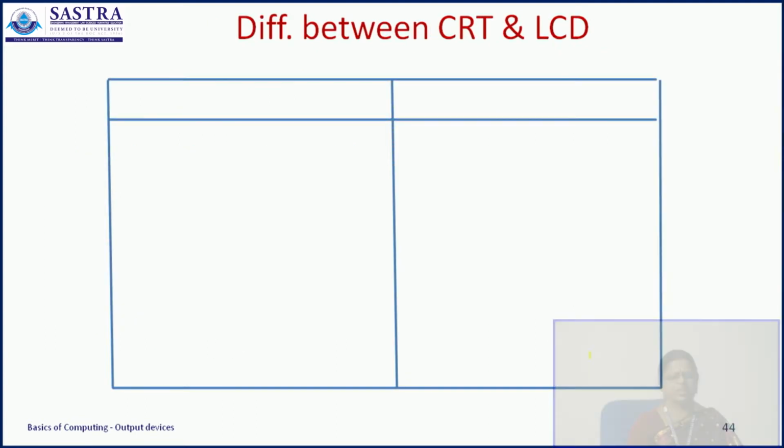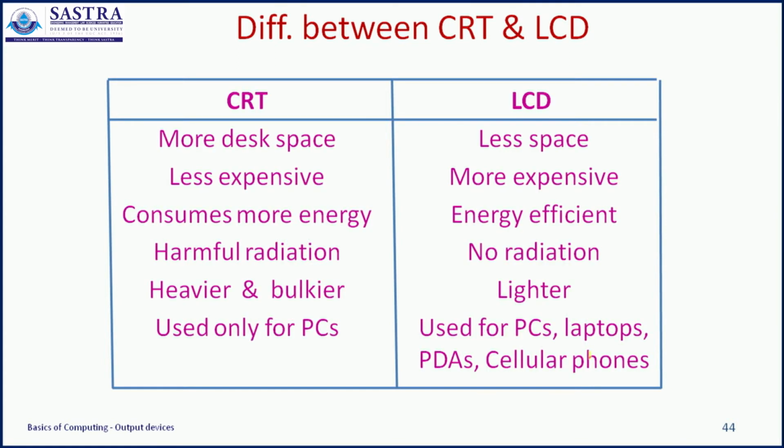Let us see the difference between CRT and LCD. CRT occupies more desk space, whereas LCD occupies less desk space. CRTs are less expensive, whereas LCDs are more expensive. CRTs consume more energy, hence more power dissipation, whereas LCDs are energy efficient.